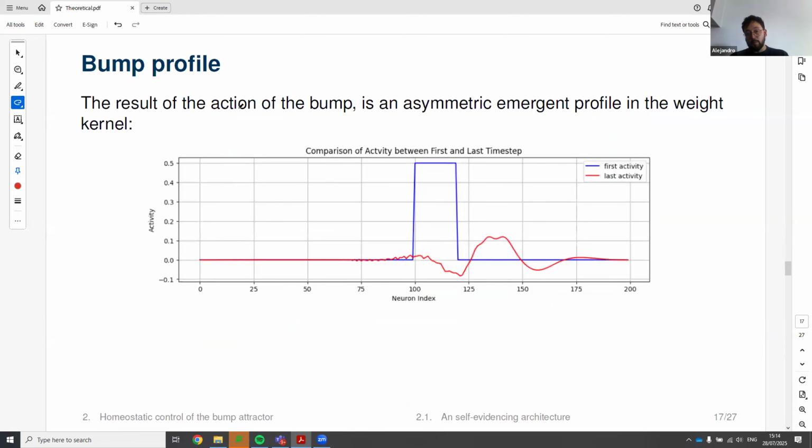So this is how the bomb profile looks. What the connectivity pattern that we establish with the gain modulation does in practice is just to introduce an asymmetry into the synaptic kernel, and that's what moves the bomb.